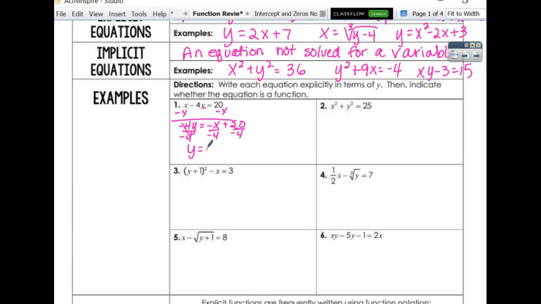And what's a negative divided by negative? It's going to be a positive. So I have this, and this is in y equals mx plus b form, which will graph a line each and every time. So is this a function or not a function? Yes, it is a function.